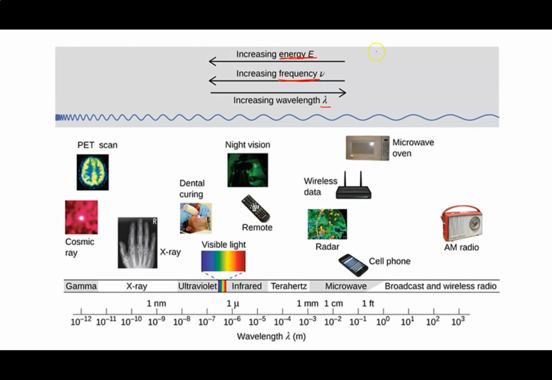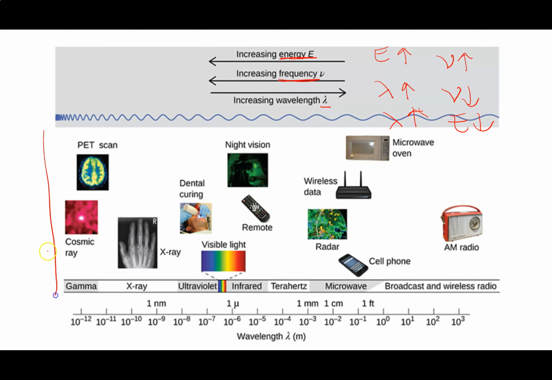So what we say is that energy and frequency are directly related: as one increases, the other increases. But wavelength is inversely related to the frequency and the energy. As the wavelength increases, the energy and the frequency decrease.